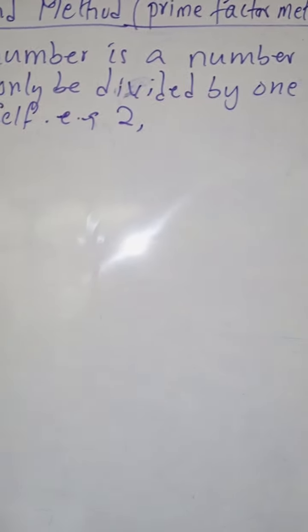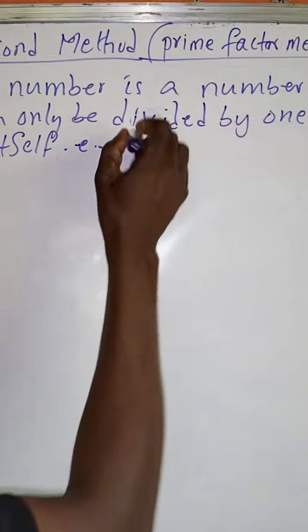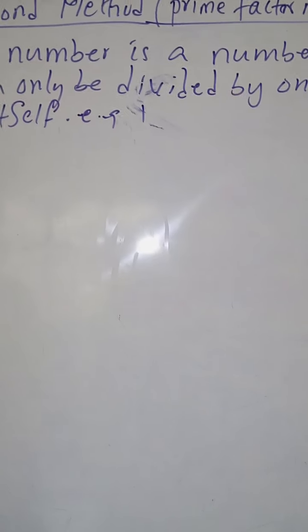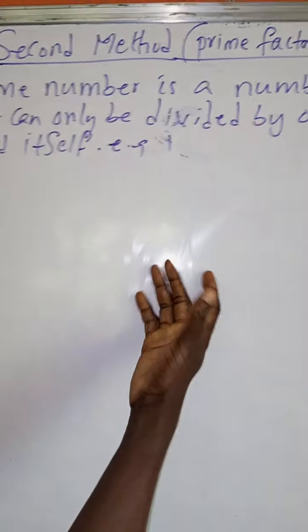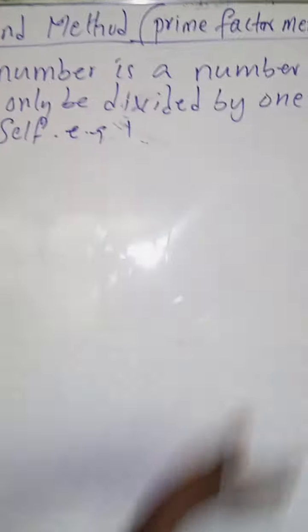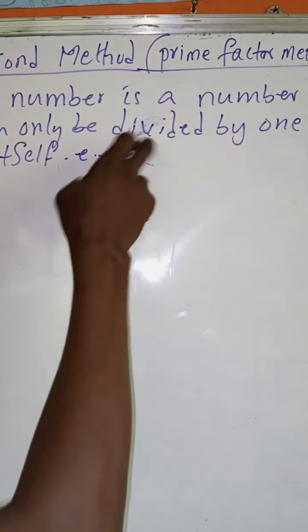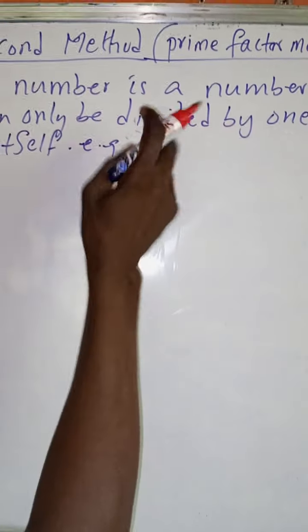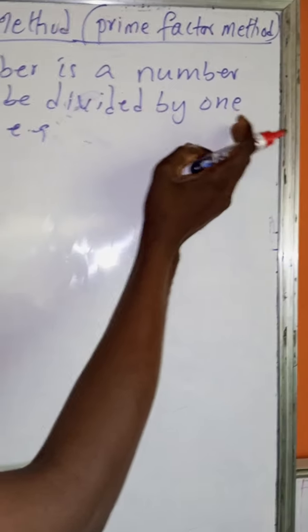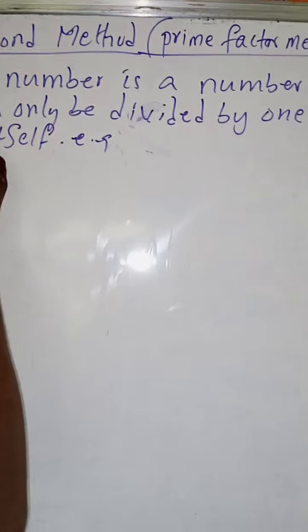So we have examples of prime numbers. 2 is a prime number. Don't make the mistake: 1 is not a prime number. 1 is an odd number, a natural number, an integer, but it's not a prime number. Why? A prime number can be divided by 1 and itself. So you say 1 and 1?